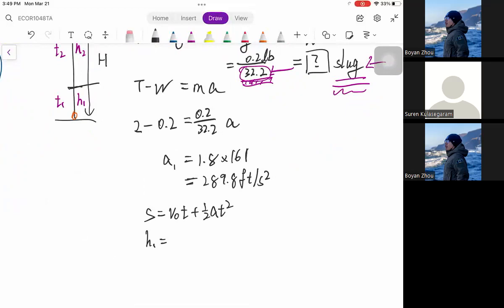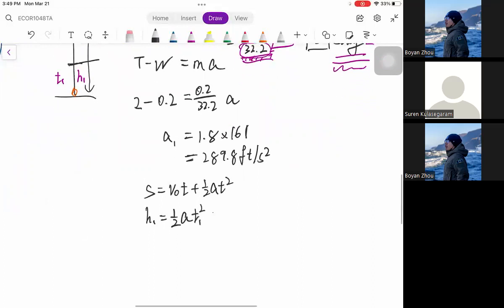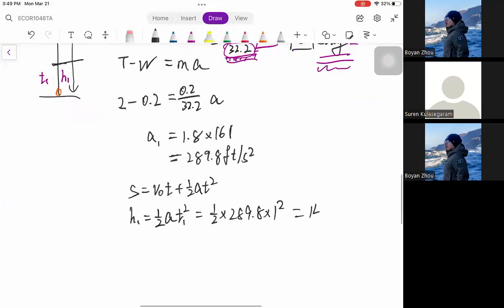So it's half the acceleration, t squared, and t is given as 1 second. That is half of 289.8 times 1 to the power of 2, and we have 144.9 feet.